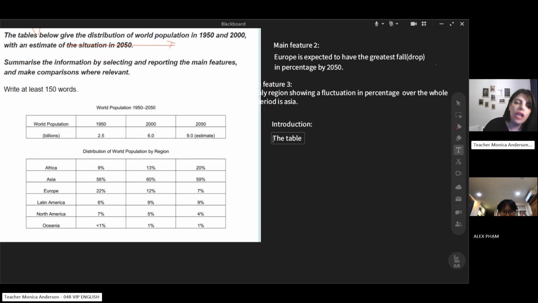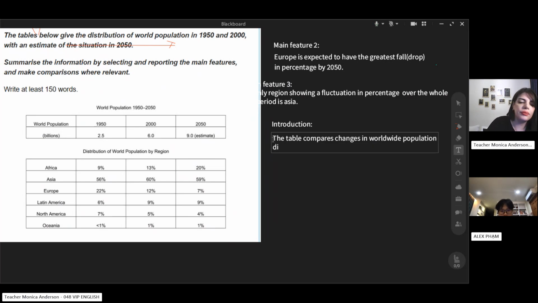Okay, as you said, it's like compare changes in the world population distribution.